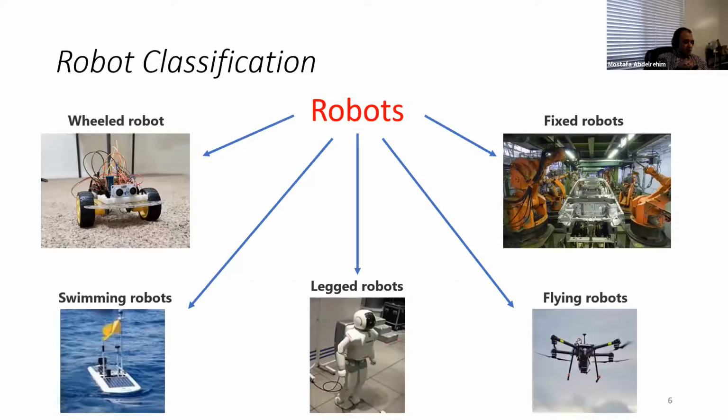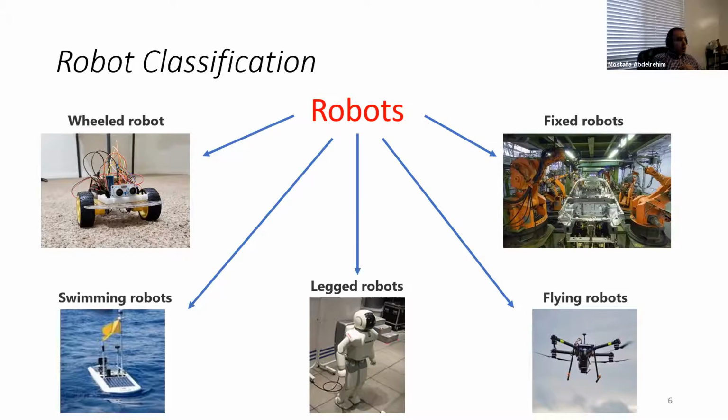Okay, so let's go with the classification of robots. There are many classifications for robots, but the one we're interested in is how robots are moving and the environment in which the robot is operating. So you have fixed robots, the ones, for example, that paint cars in industry, or assemble cars.